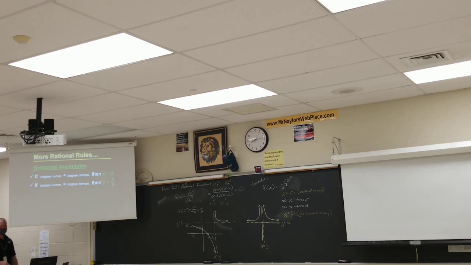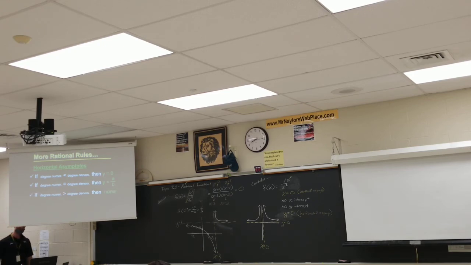However, if the degrees are equal, like the first problem we did, if the degree of the numerator is equal to the degree of the denominator, then you get this idea known as A over B. Now you need to understand that A over B is the coefficients. In the example I did, it was 1 over 1.